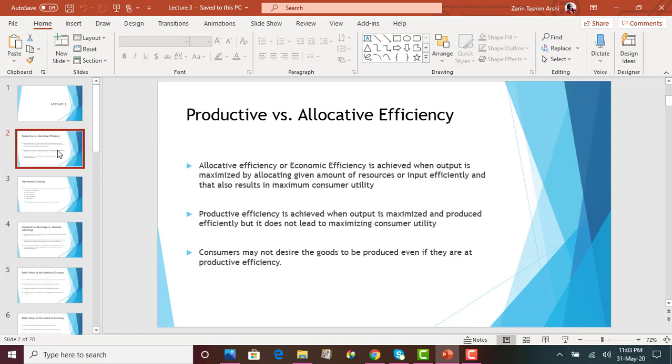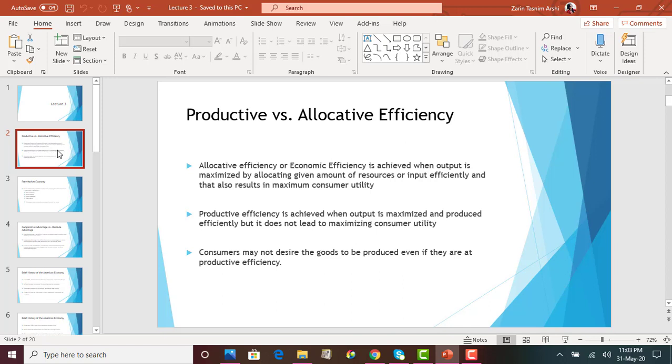So allocative efficiency, which is also known as economic efficiency, is achieved when output is maximized with a limited amount of resources, cost is minimized, and at the same time consumer utility is maximized. So when we meet these three conditions, then we have allocative efficiency. Output is maximized with limited resources, cost is minimized, and consumer satisfaction or consumer utility is maximized.